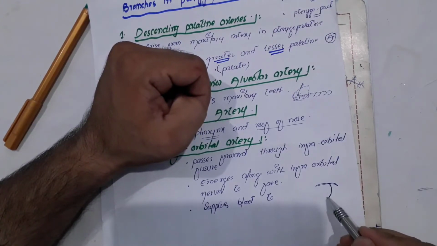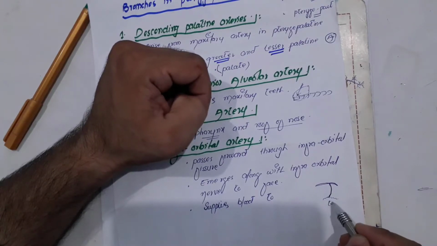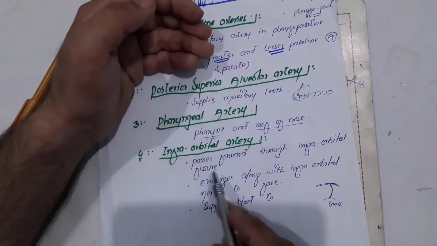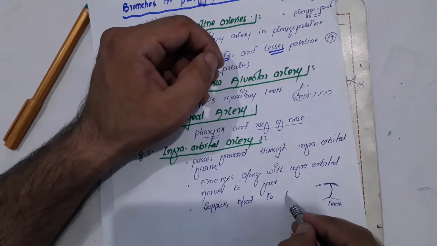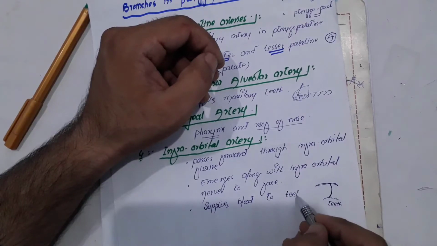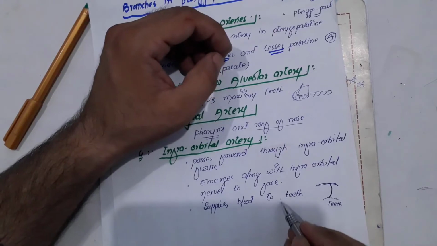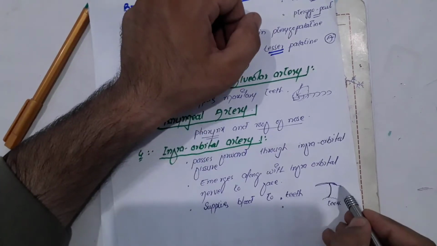And this branch gives blood to the teeth, right? So first we should know that the infraorbital artery is responsible to supply blood to teeth of upper jaw, maxillary teeth.